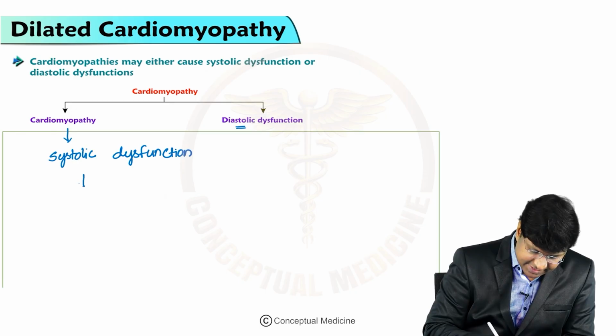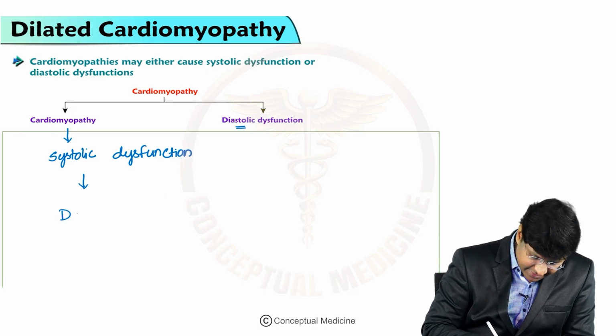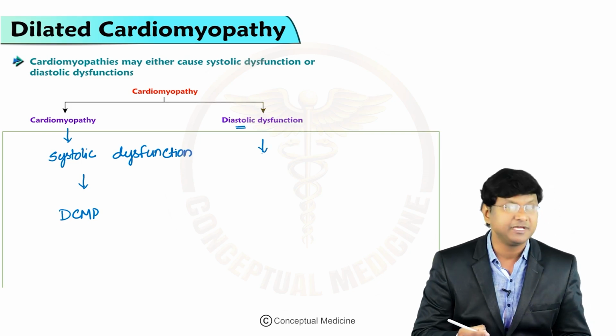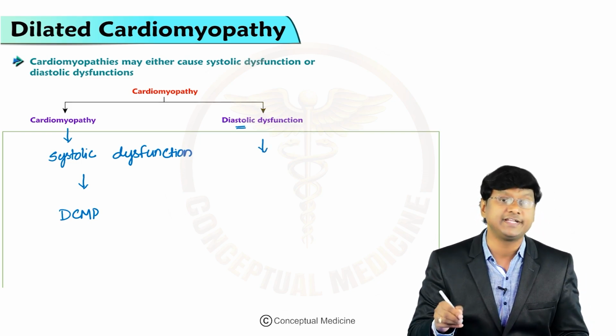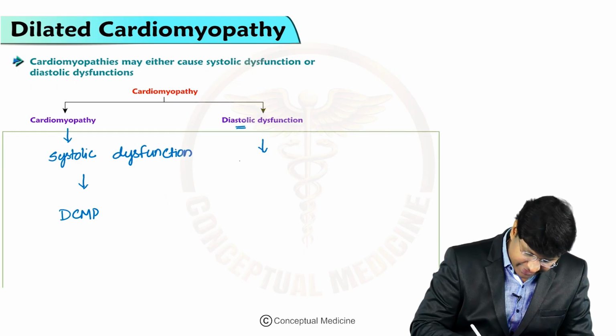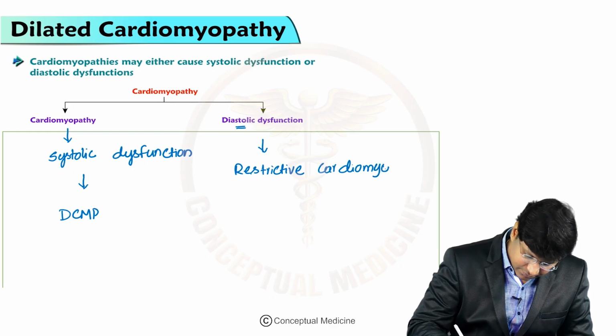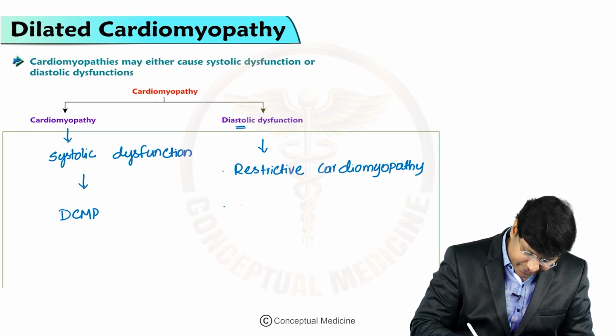The one which causes systolic dysfunction is dilated cardiomyopathy, and the cardiomyopathies with diastolic dysfunction are restrictive cardiomyopathy and the hypertrophic cardiomyopathy.